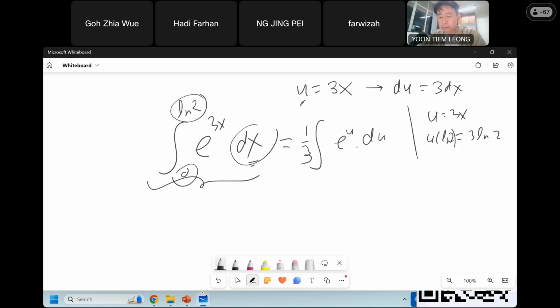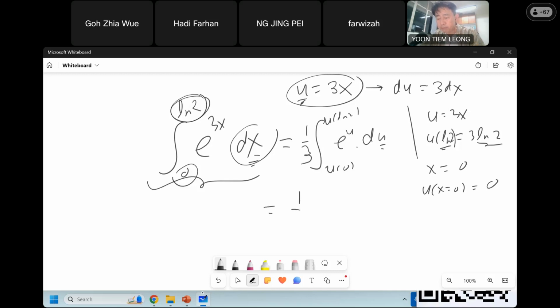So u is 3 times x. When x is equal to ln 2, then you just replace x by ln 2. Then when x is equal to 0, u at x equals 0 is just equal to 0, because u and 3x are related. Therefore, when you change the integration with respect to x into the integration with respect to u, you're integrating from u at x equals 0 to u at x equals ln 2.